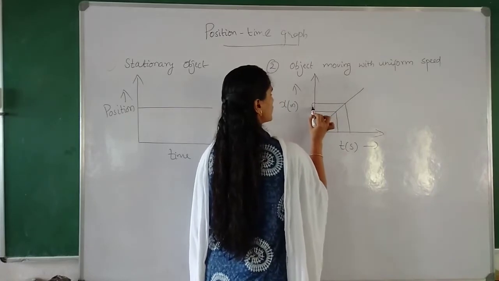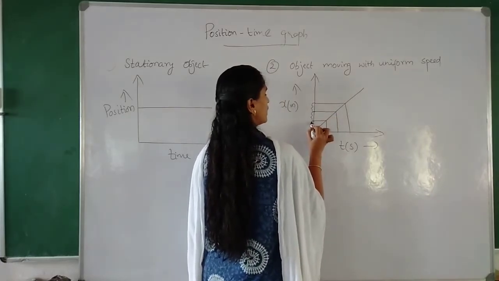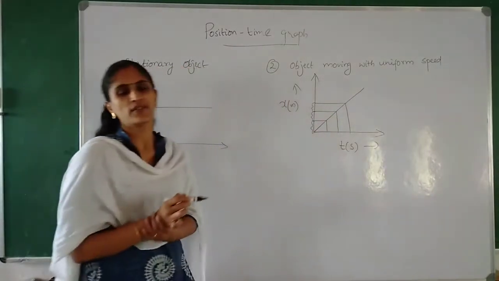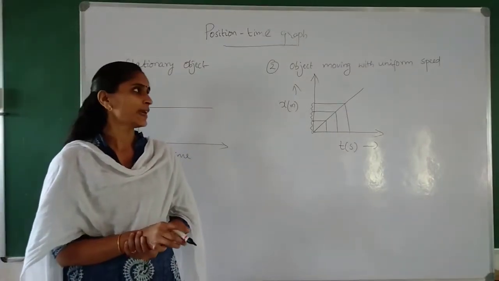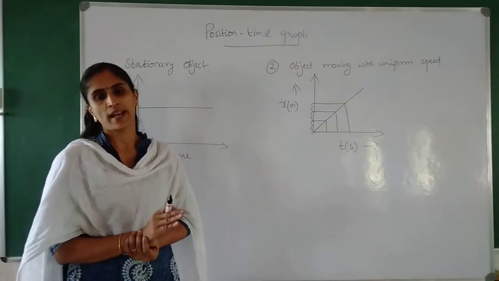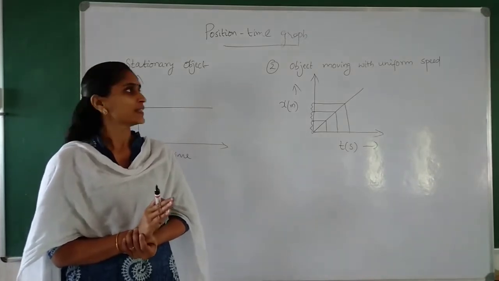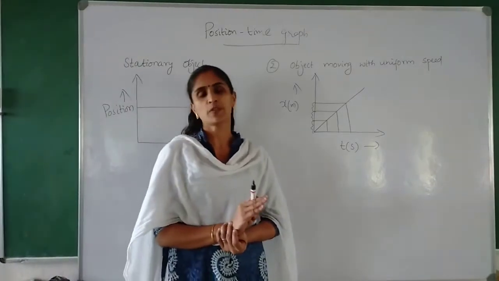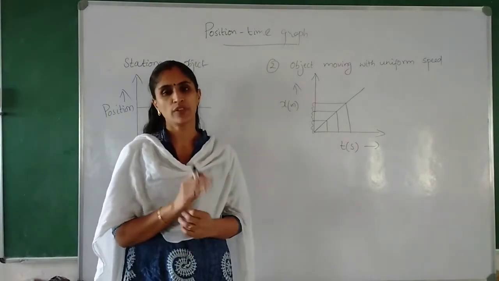At equal intervals of time, equal change in position will be there. So we will get a straight line inclined to both axes. Okay. This is about uniform speed, if the object is moving with uniform speed.